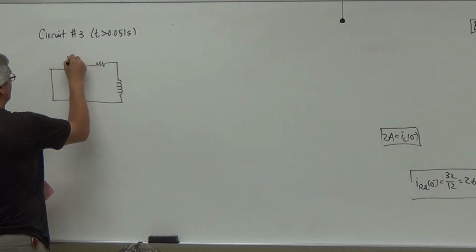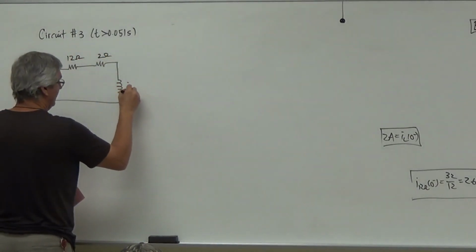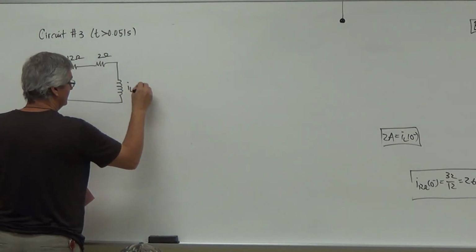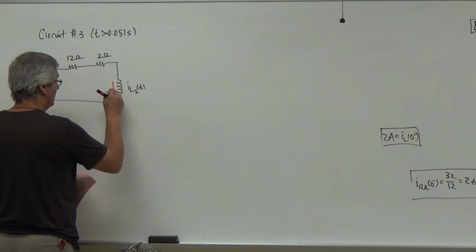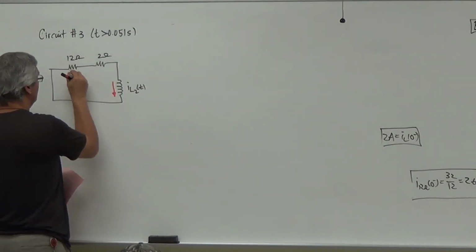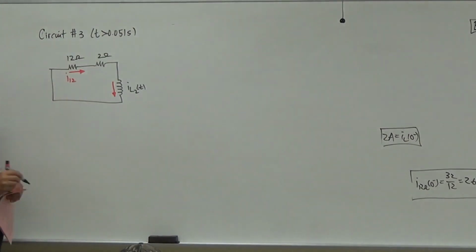So I have my 12, my 2, and then I have IL2 of t pushing that current through here. And right away, since I have one loop, you can see that the current of the 12 ohm resistor is the same as the current of the inductor, IL2.